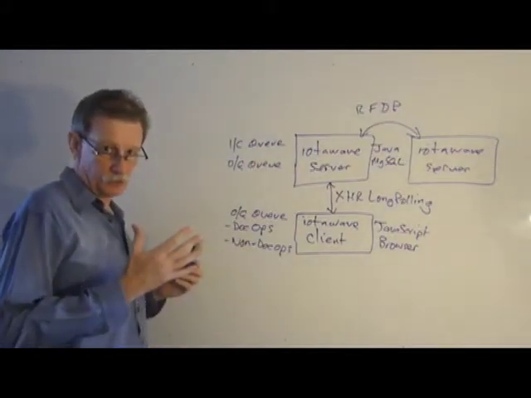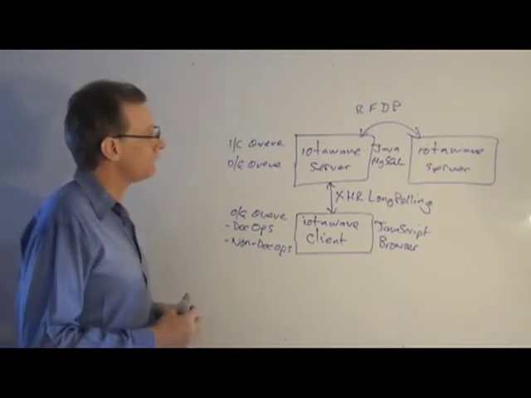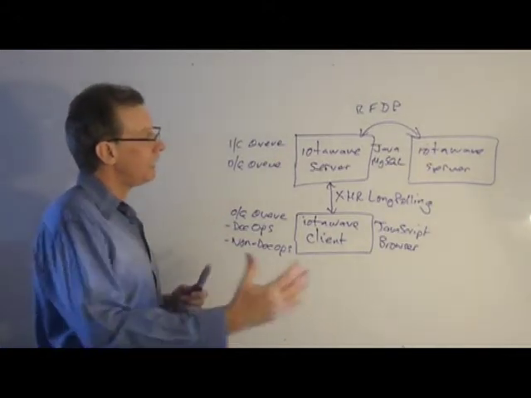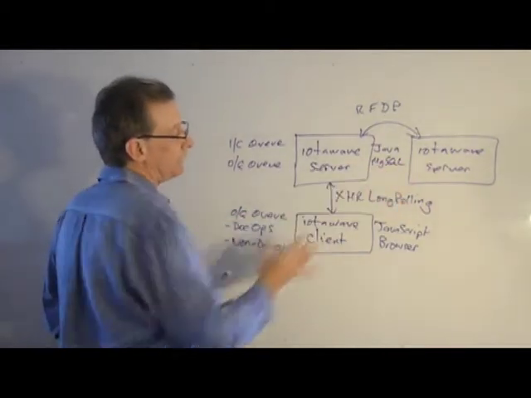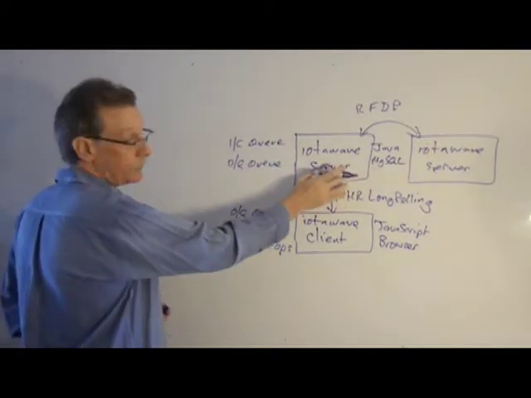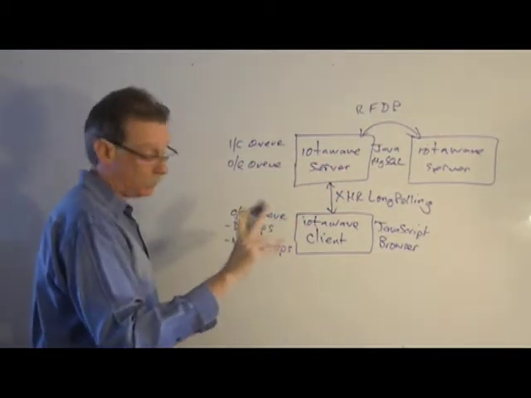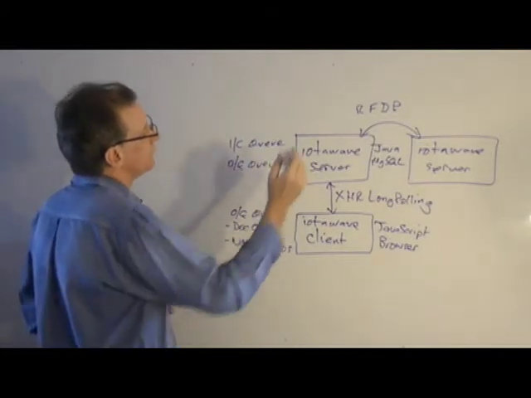Now, the most important aspect of the iotaWave architecture is how we listen for federated messages from other servers. This is done by the server listening on two ports, although these ports are configurable in the setup files.